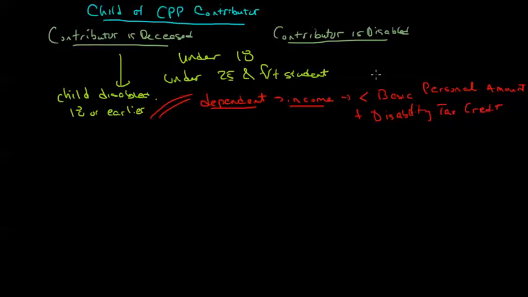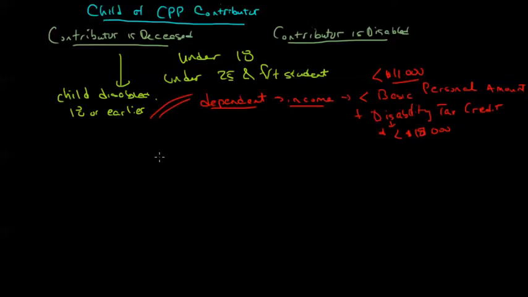So we're looking for the child's income to be less than about $11,000, or only if the child is disabled, less than about $18,000. And those amounts will change every year. They always are adjusted for inflation.